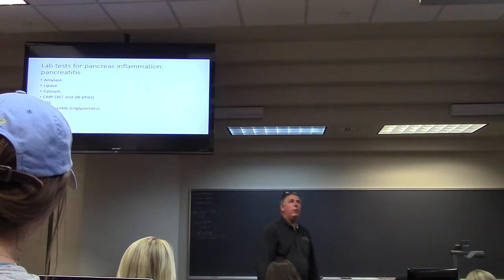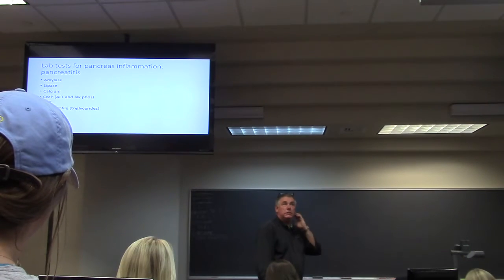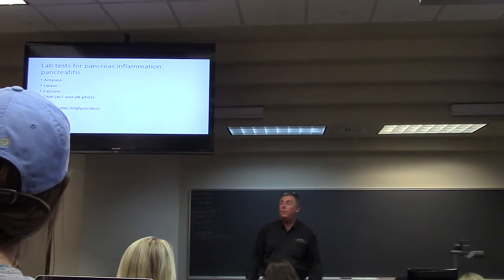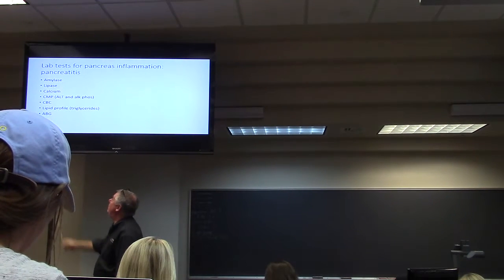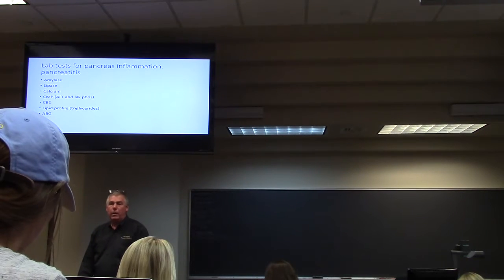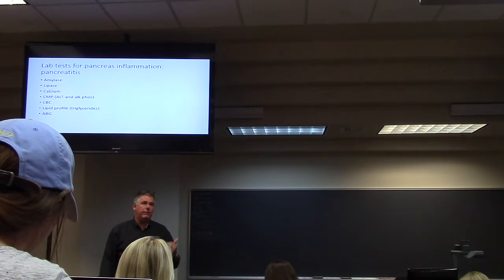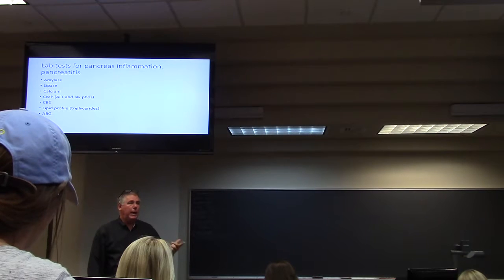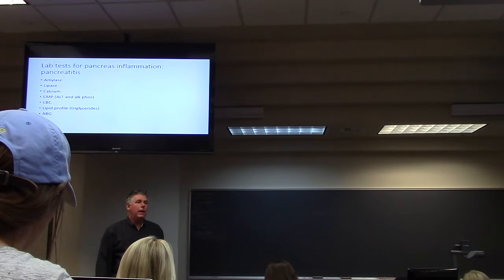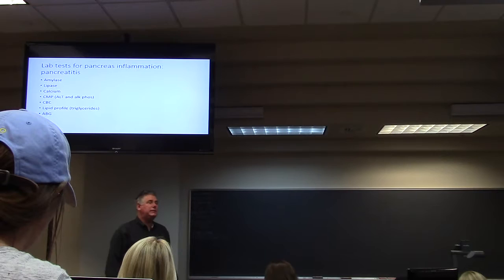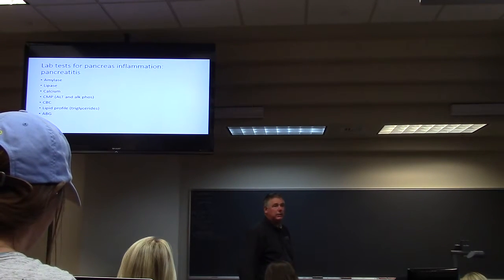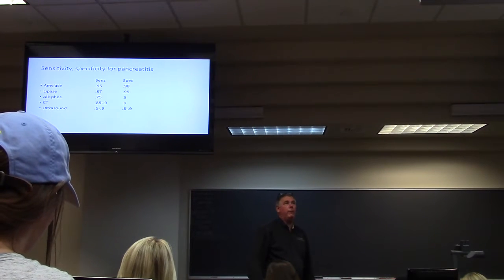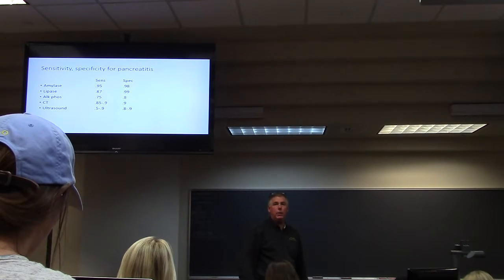All right, so these are our mainstays up here, the first three. You want to get a CMP because you're assessing liver function and renal function at the same time, as these can be impacted. CBC, triglycerides, and blood gases if you have a toxic person are all part of Ranson's criteria, which I'll talk about in just a minute.